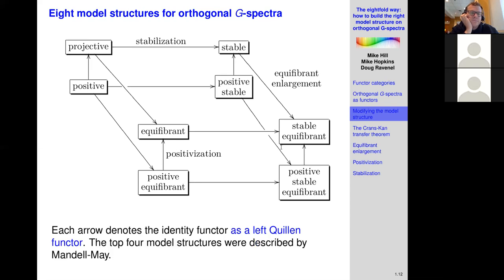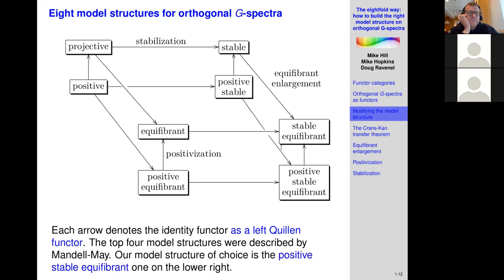The 4 model structures at the top were described by Mandell and May in their book on orthogonal G spectra. The 4 at the bottom are new. And as I said, our model structure of choice is the positive, stable, equifibrant one on the lower right.